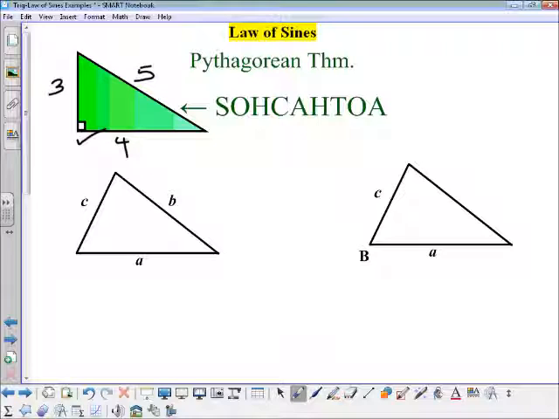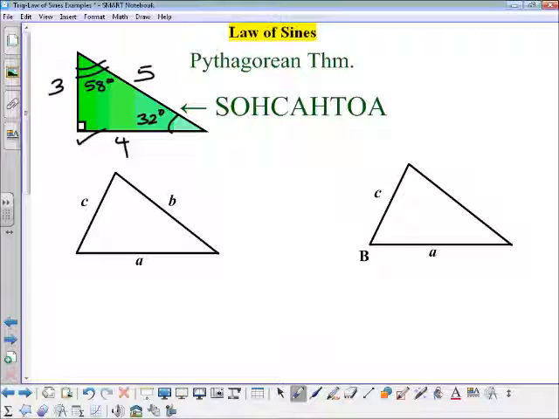And now you could use inverse trig functions to figure out the remaining 2 angles, or at least one of the angles. Once you find that angle, let's say this angle is 32 degrees, well, the sum of all the angles has to add up to 180, or since this is 90, the sum of these two has to add up to 90. Okay, so you can figure out that final angle.